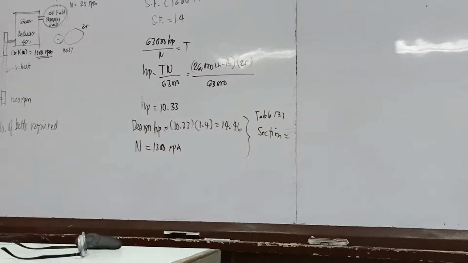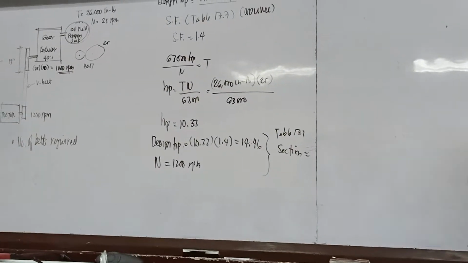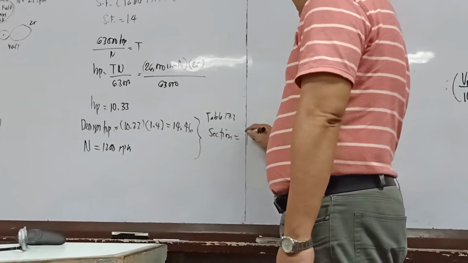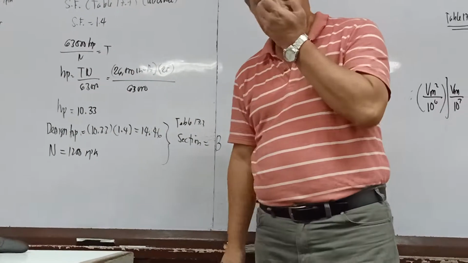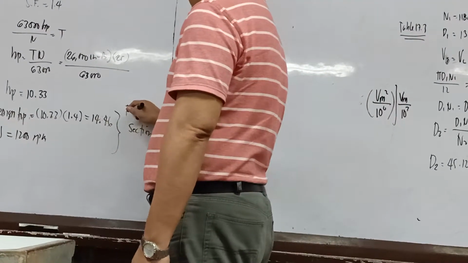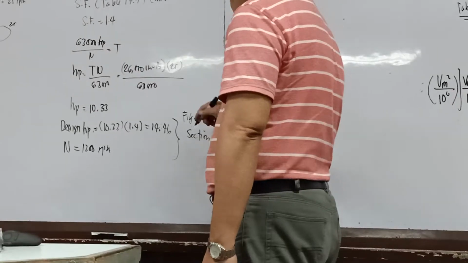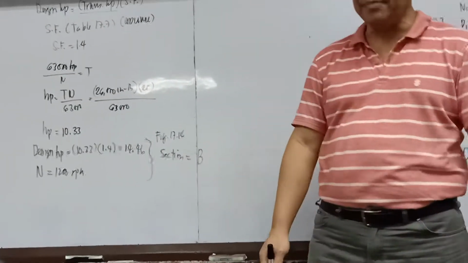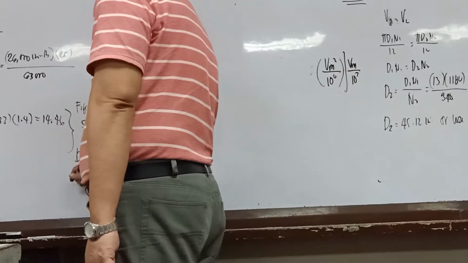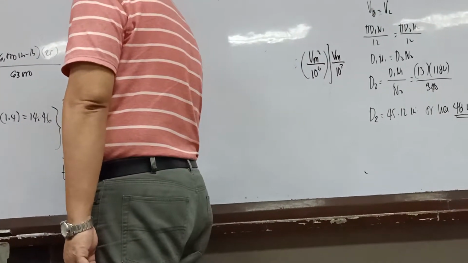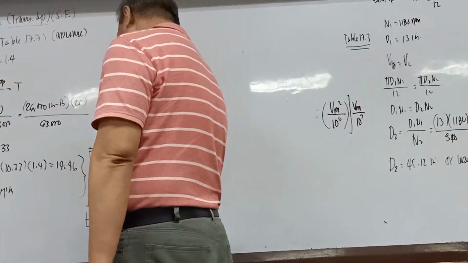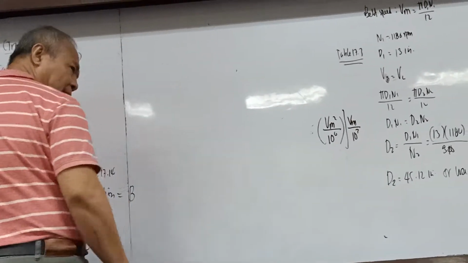Section B. So you are now using section B, from figure 17.14. Since it is section B, what is its width? Section B is 21 over 32.